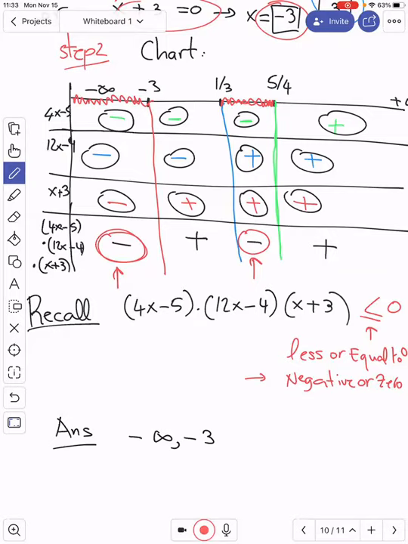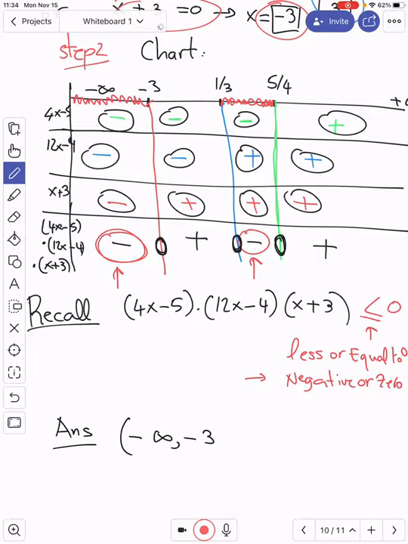So negative infinity, of course, is always excluded. Negative 3, do we include the negative 3? Well, this line here represents negative 3, because negative 3 is supposed to be a solution, so the whole thing is going to be 0. The 1/3 is also a solution, so the whole thing is going to be 0. 5/4 is also a solution, so when x is 5/4, the whole thing is also 0.